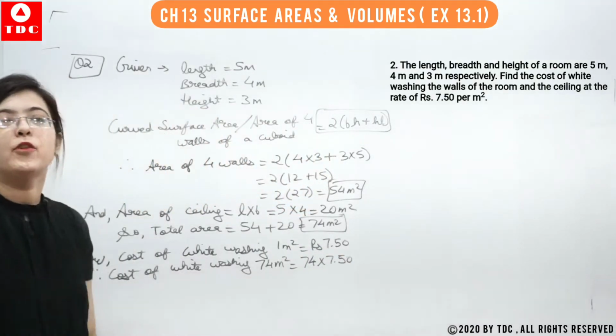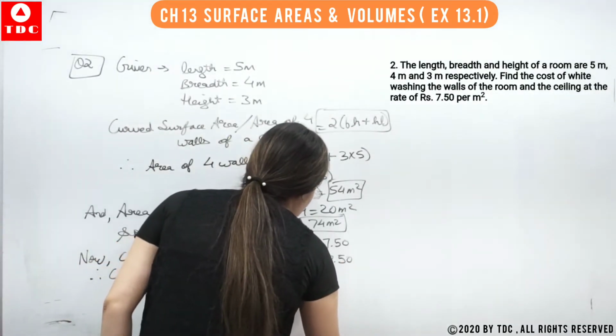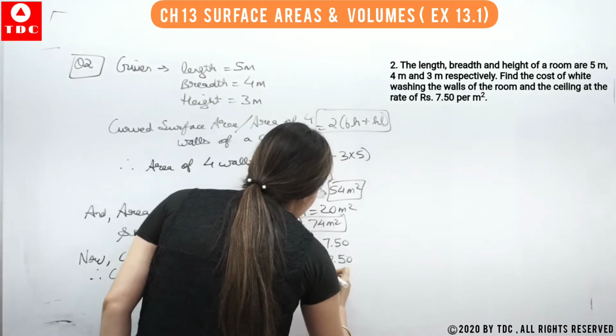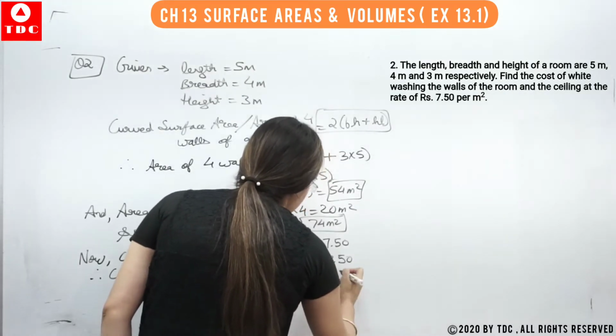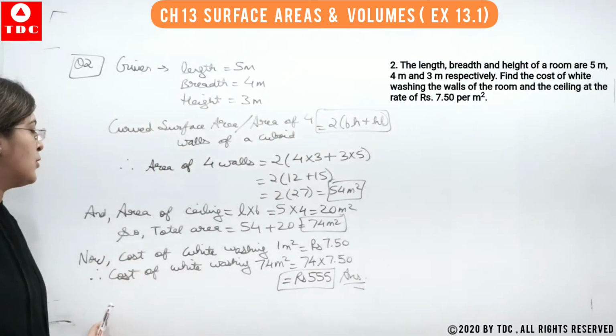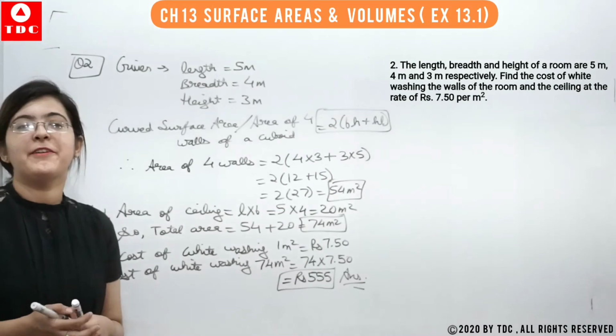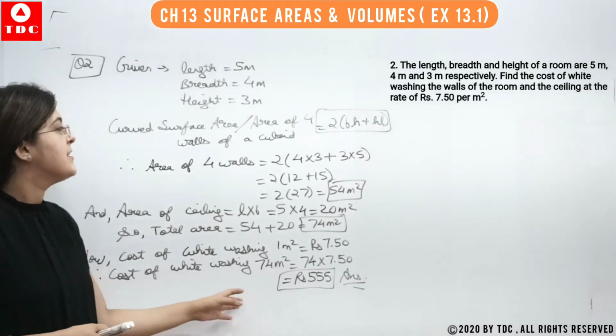Okay, 74 into 7.50 multiply, how much will you get? Rupees 555. Okay, this will be your final answer. The total cost for whitewashing the room will be rupees 555. This was your question number 2.